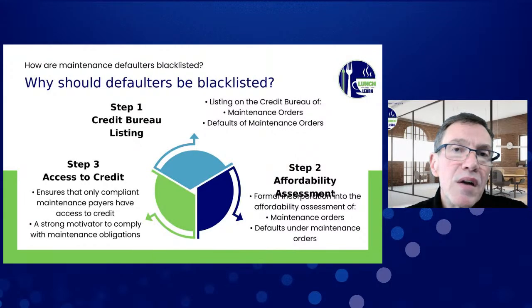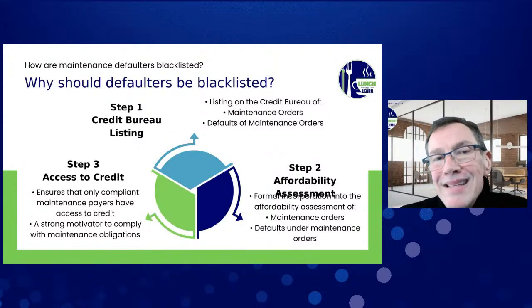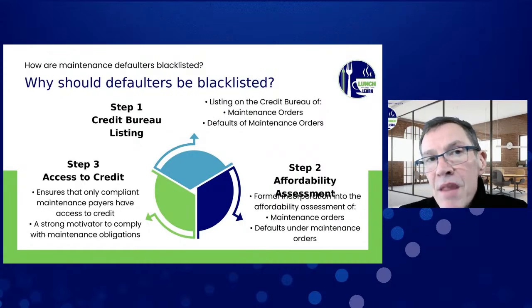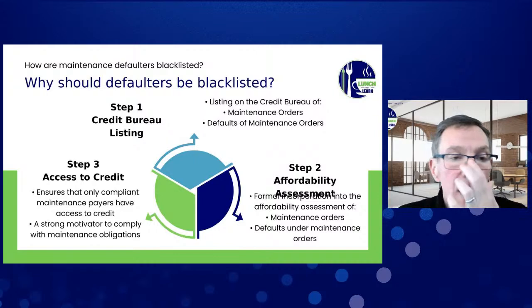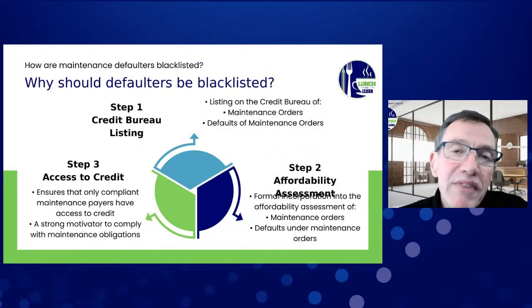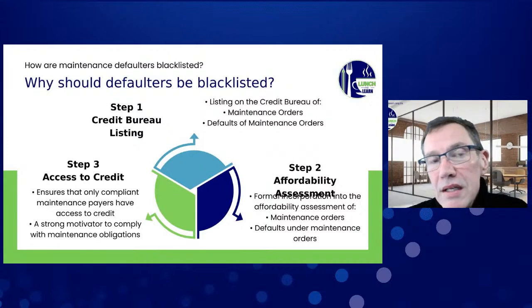If a person has been found guilty of not paying maintenance in a criminal court, that also needs to be reported to the credit bureaus. And the reason, like I've mentioned, is to do an assessment and affordability test. It could be seen as a form of punishment. It could also be a strong motivator that the respondent needs to comply with his maintenance obligations, otherwise he would be in default.